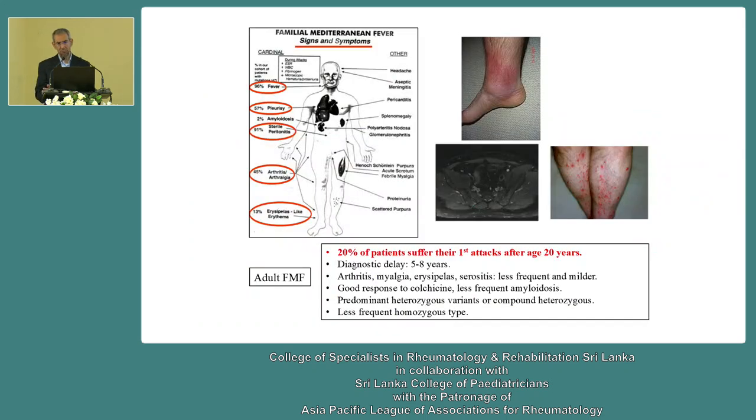Any organ can be affected, but I already mentioned the most commonly affected, and they may also present with skin lesions. If you see it for the first time, you will think about cellulitis, and this is what we call erysipelas-like rash. It's a painful, well-demarcated rash, and interestingly, some patients present with an HSP-like rash.